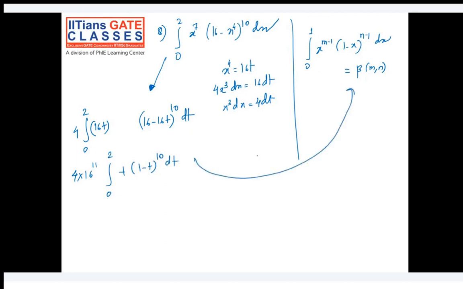So 4 into 16 raised to the power 11, it's the beta 2 comma 11. Okay, and you know what is beta 2 comma 11? It's 4 into 16 raised to the power 11 as it is.